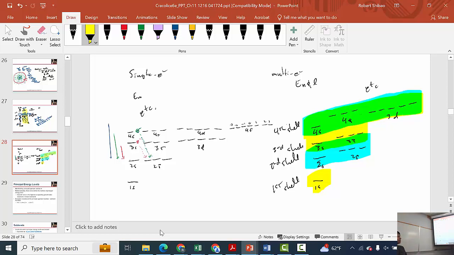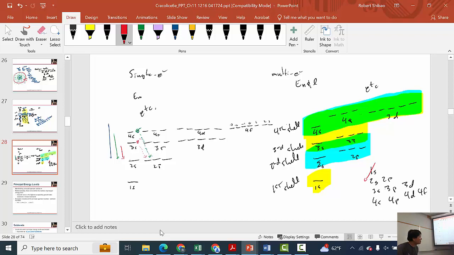So we see the different shells. The pattern in the shells can be given like this. We come up with a pyramid. And the shell always begins with an s. And what we do in this pattern is we go like this.